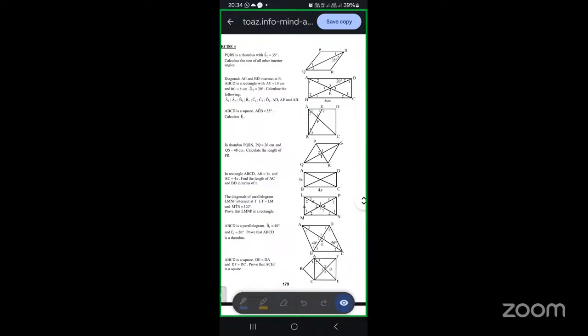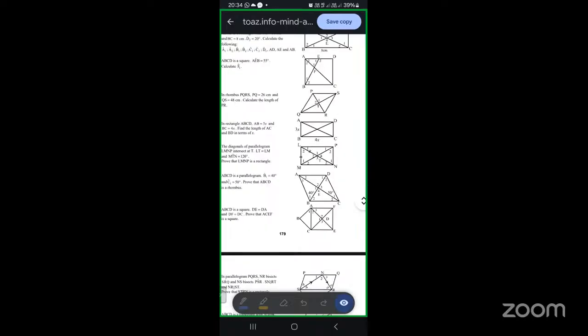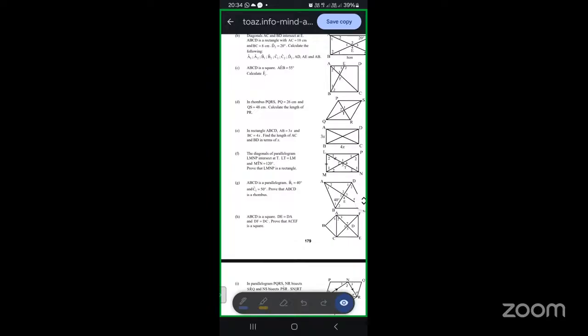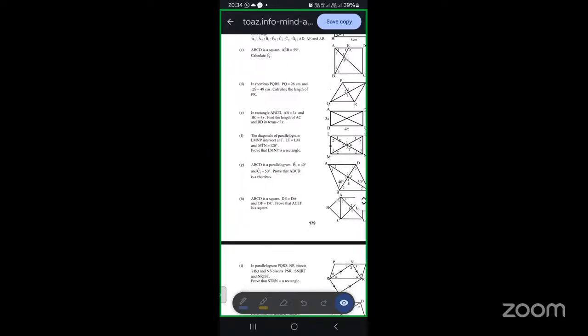Then with the rest of the problems, we will just use those properties. That number C problem, number D is a rhombus, you use the properties of a rhombus. E, you use the properties of a rectangle, and so on.